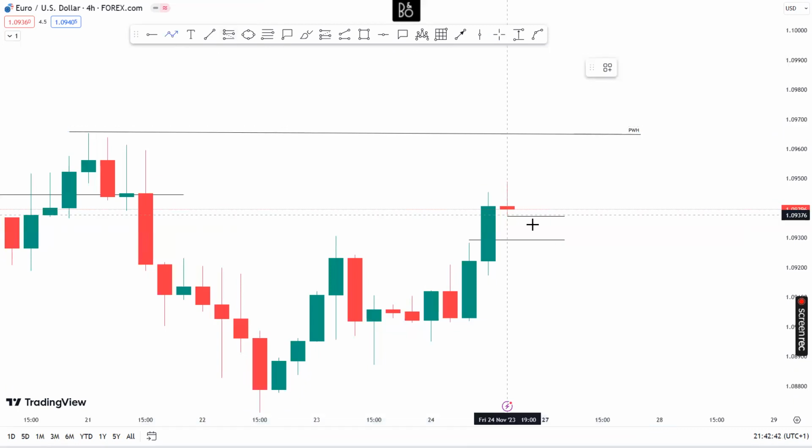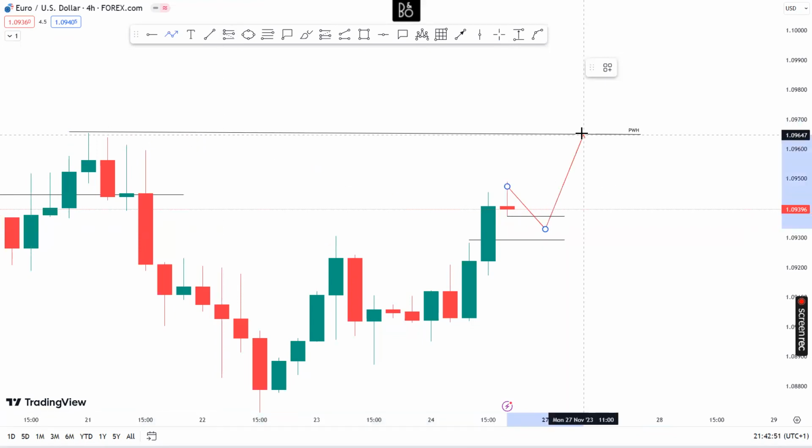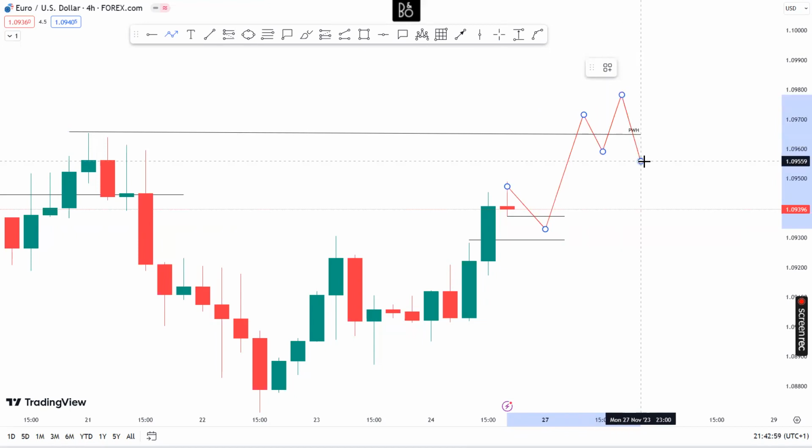So I'm expecting Euro USD to give me something like this: a drop, then a sweep of this high to give us a stop hunt, then a little drop, something like this to happen.